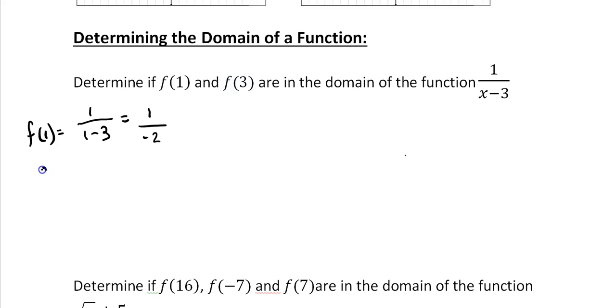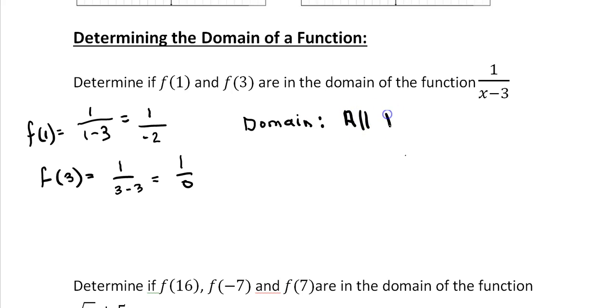Now, if I go with f of 3, I'm going to have 1 over 3 minus 3, which means I have 1 over 0. And remember, we cannot do any kind of division with 0. So what is my domain? My domain is going to be all real numbers except x cannot equal 3.